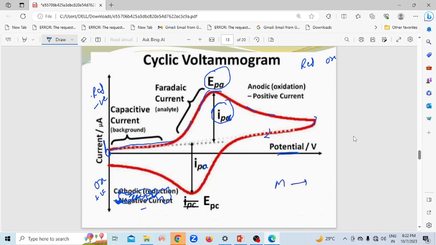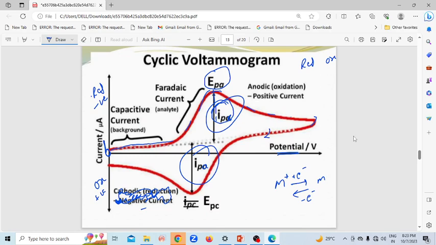AM plus takes one electron and is converted into AM, reduction, then again AM loses an electron and converts into AM plus. Here at the cathode reduction is happening, and here oxidation is happening. If this IPC and IPA are the same, then you can say it is a reversible reaction.